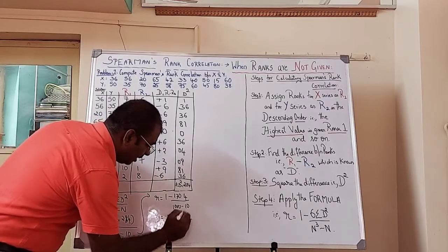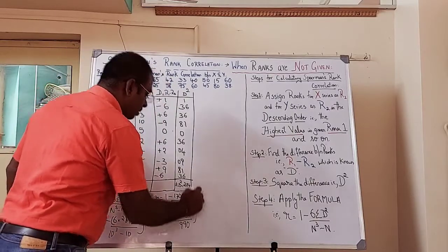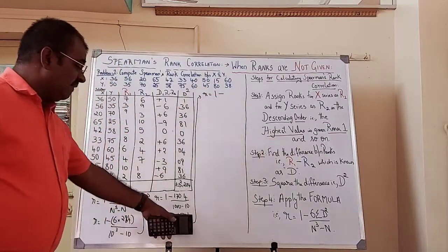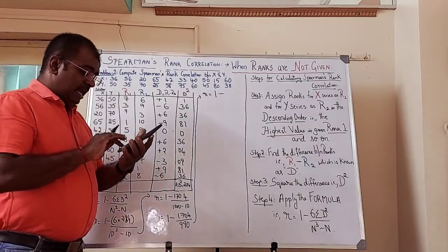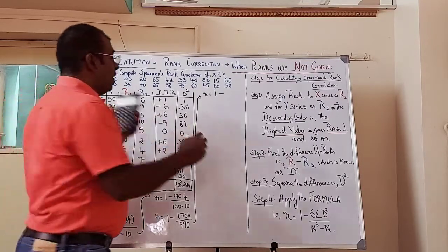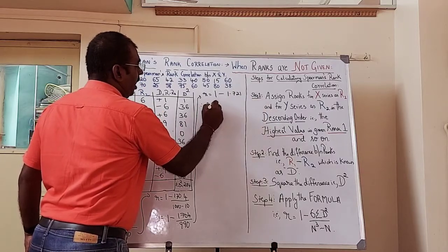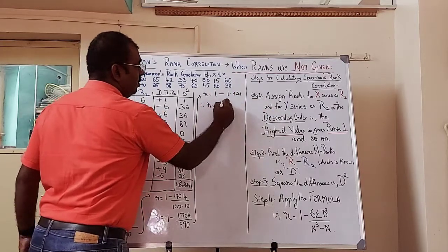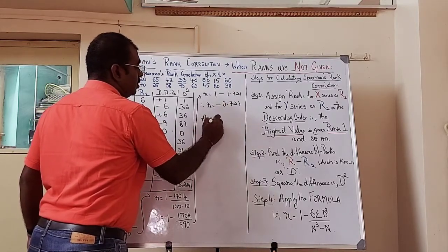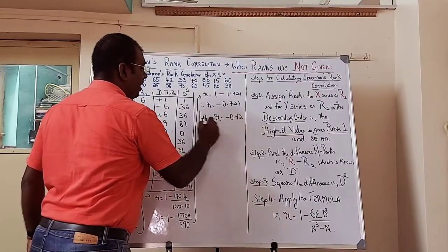That is R is equal to 1 minus 1704 divided by 990, which is 1.721. Therefore, R is equal to 1 minus 1.721, which is minus 0.721. So to conclude, the value of R is minus 0.72.